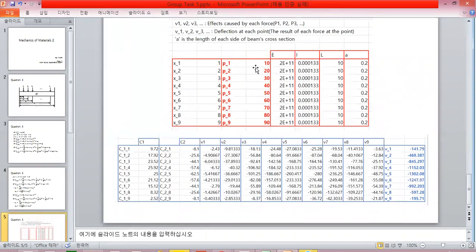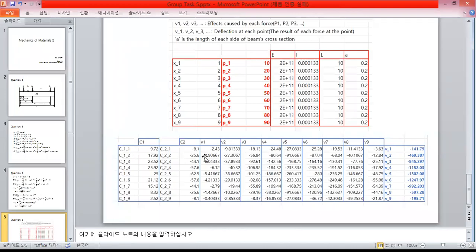And we have forces applied from 10 to 90 newtons, and we have EI given. So when only force P1 of 10 is applied, V1, the deflection at point 1, would be minus 2.43, and these are the other deflections we know.